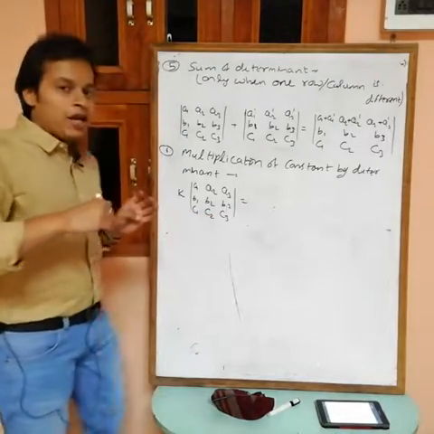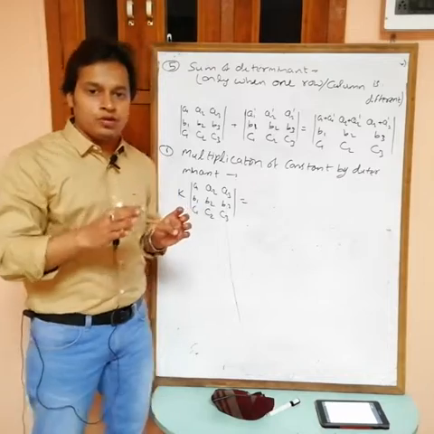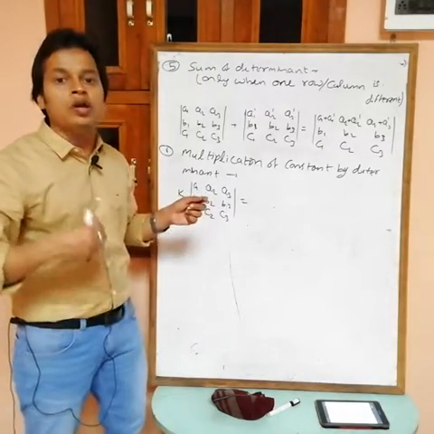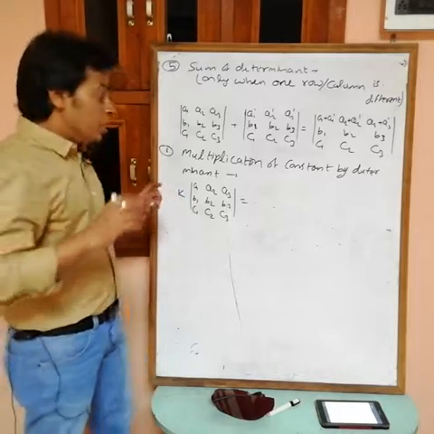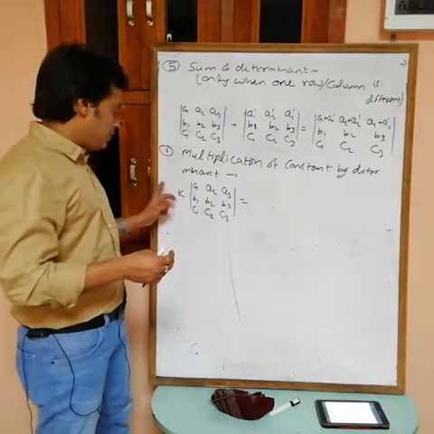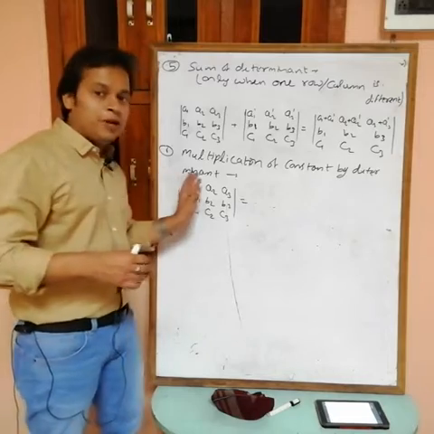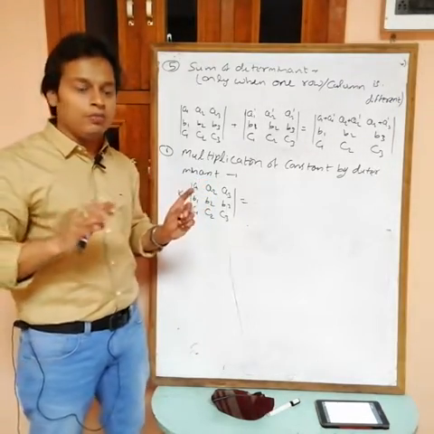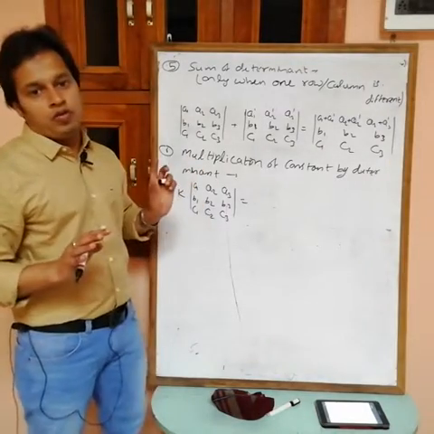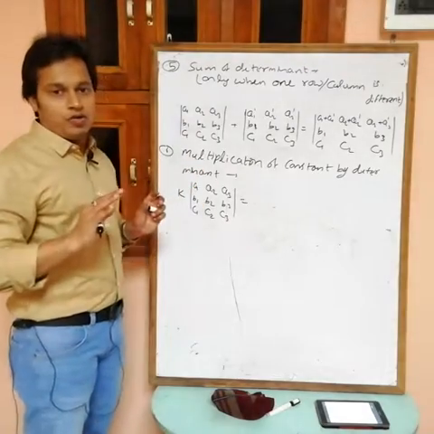If you are multiplying a constant to a determinant, then inside you can multiply with any one row or any one column. In case of a matrix, when we are multiplying with a constant, the constant will be multiplied with all the elements, but in a determinant you can multiply this with any one row or any one column.